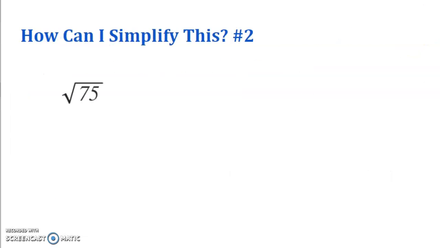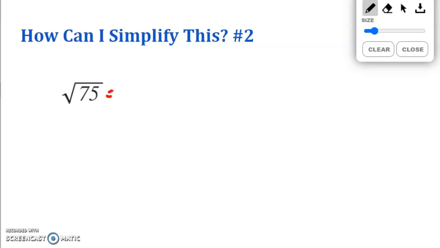Alright, so then let's try to simplify this. Square root of 75, we said, was in between square root of 81 and square root of 64. It's somewhere in between, and we know that it's between 8 and 9.